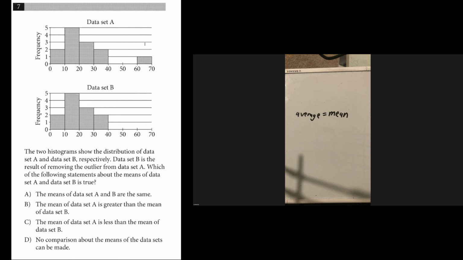And for data set B, they removed said outlier. And then it asks which of the following is true about the means of data sets A and B.